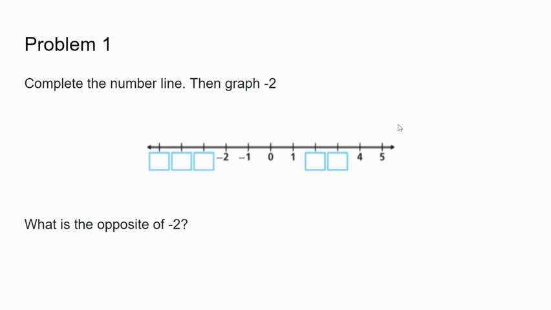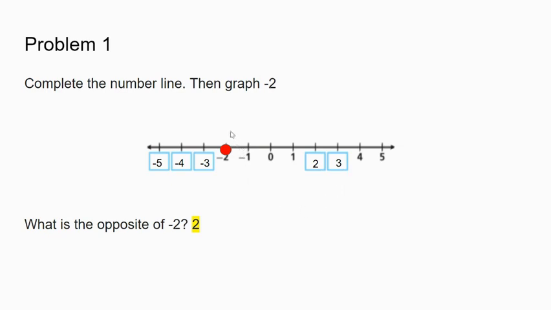Problem 1. Complete the number line. Then graph -2. What is the opposite of -2? So here the number line has been completed. We filled in +2 and +3.